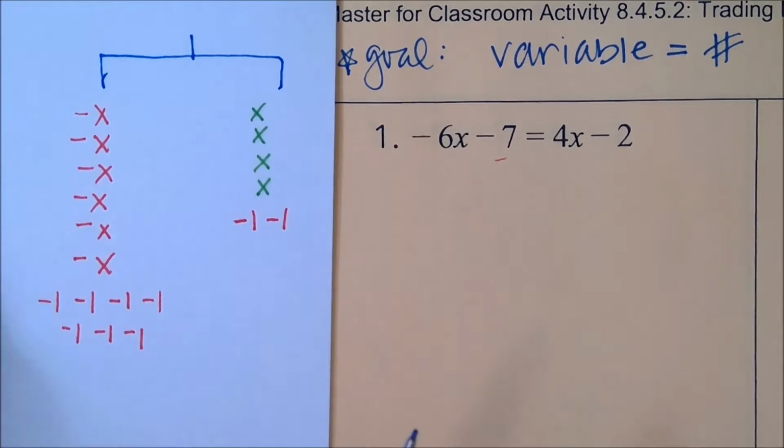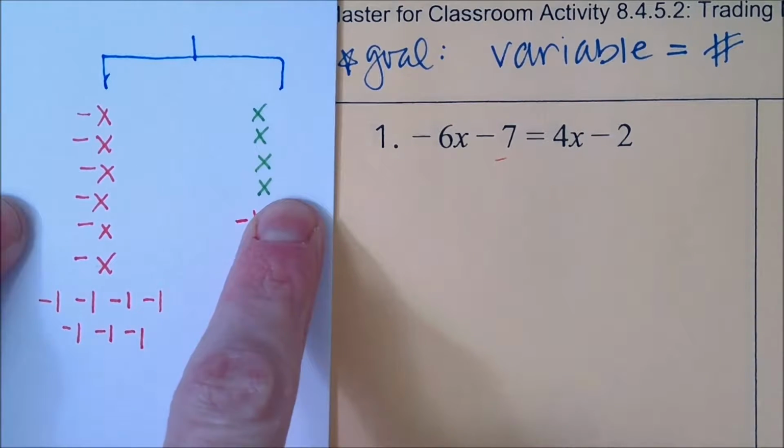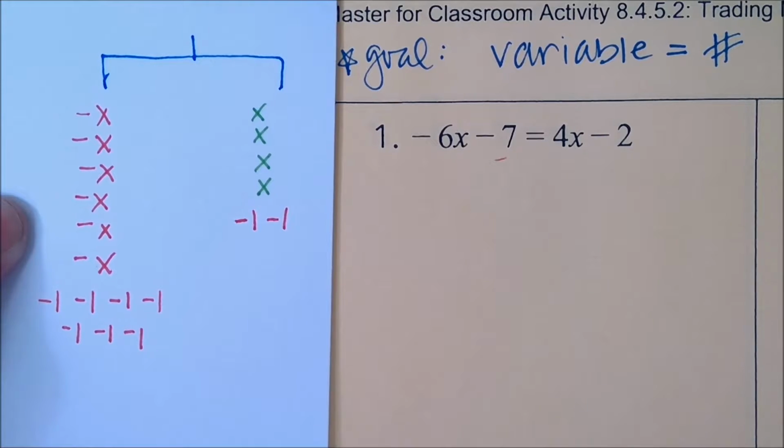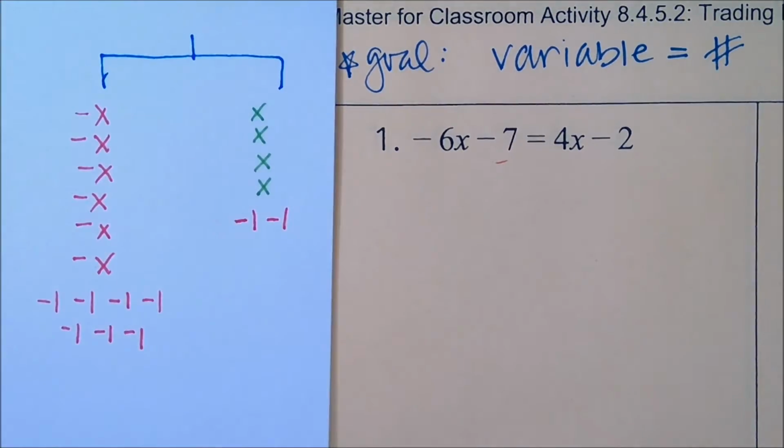As of right now, I have negative x's on one side and positive x's on the other. So I want to get just x's on one side. So we're going to get rid of all x's on one side. But we have to remember to use the math rules. So let's say that I want to get these negative x's off of the left side.